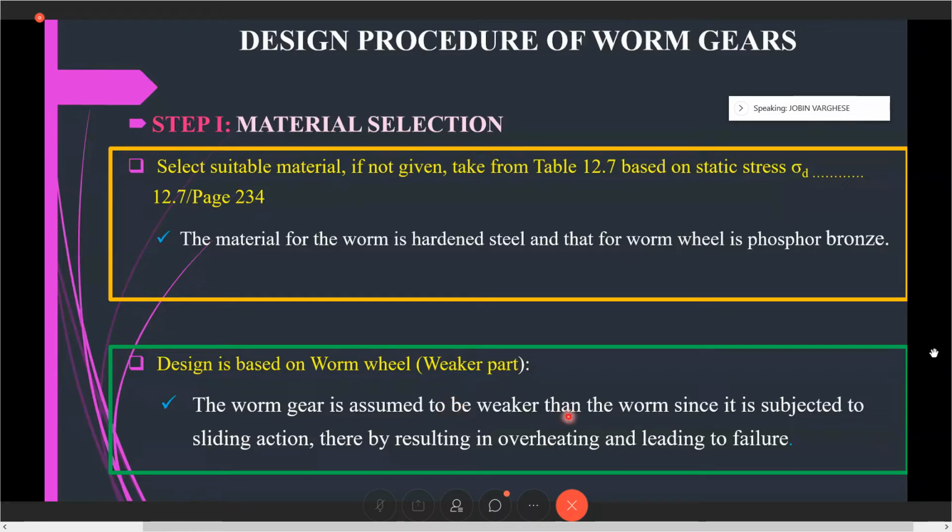As a result of rubbing, overheating happens, which leads to failure. When heat happens, there will be changes in the strength of the material, and failure may happen. So obviously, the additional factor we have to calculate in the case of the worm wheel is the heat dissipated and generated.